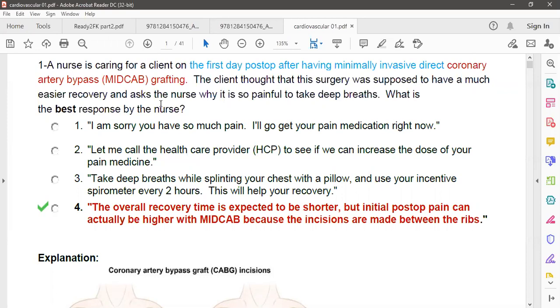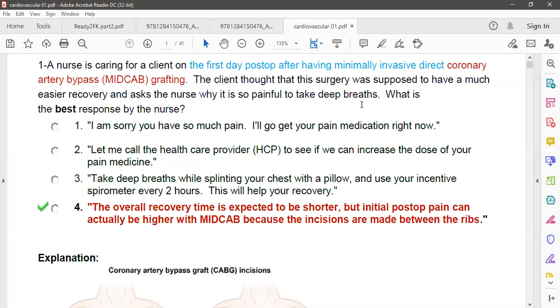Right? So my patient asks me, "I thought the surgery was supposed to have a much easier recovery," and asks the nurse why it is so painful to take a deep breath.